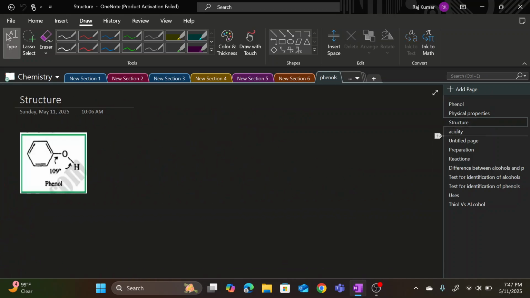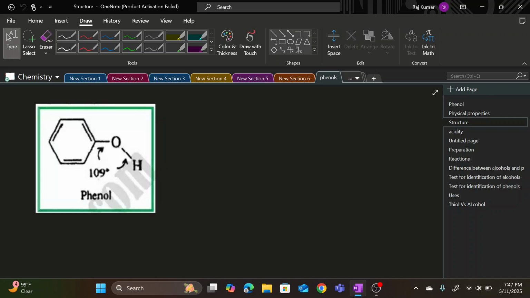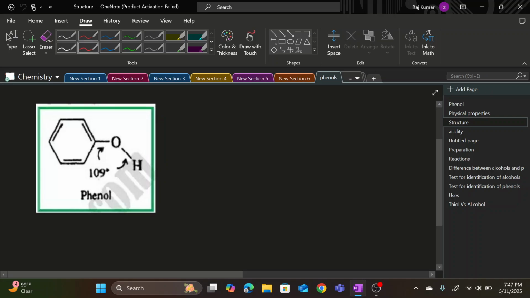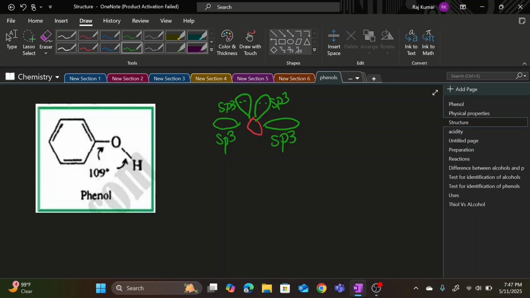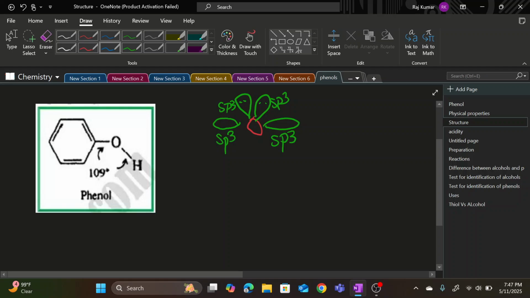Now, when it comes to the structure, we would find a few similarities with alcohol and water. Again, oxygen has an sp3 hybridized orbital. This time, that sp3 hybridized orbital of oxygen is attached to the carbon of the benzene ring.